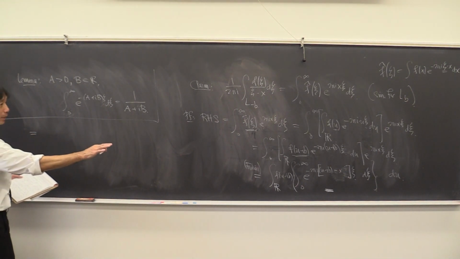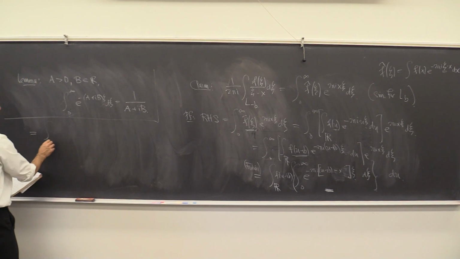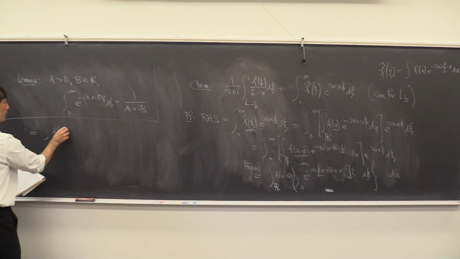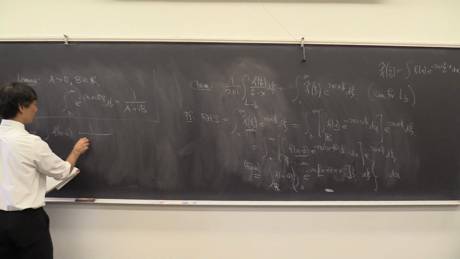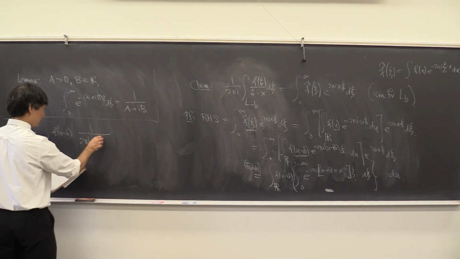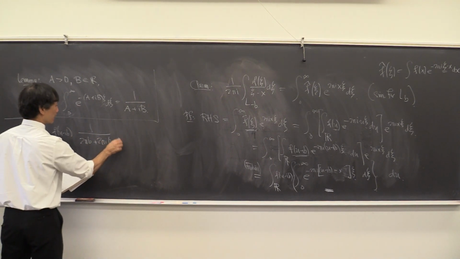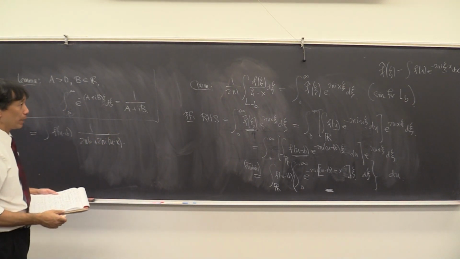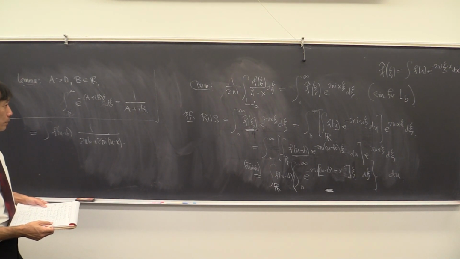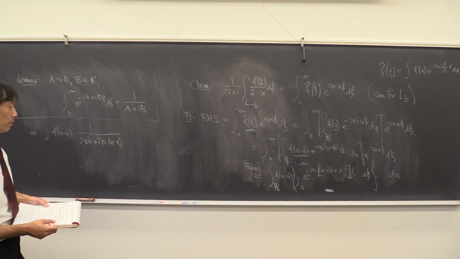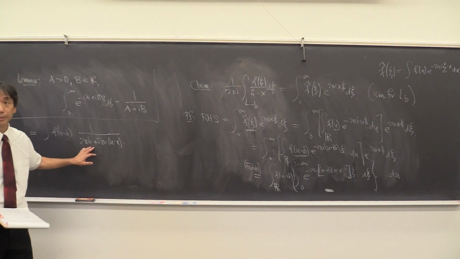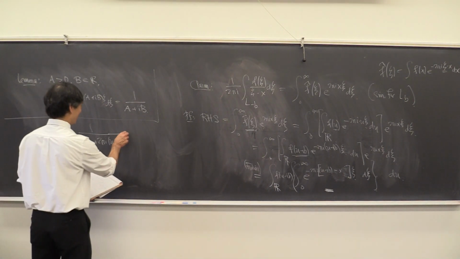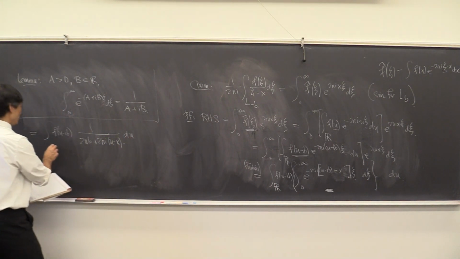But what that gives us is that the expression at the bottom there equals the integral of f(u - ib) times 1 over 2πb + 2πi(b - x). So we get this.